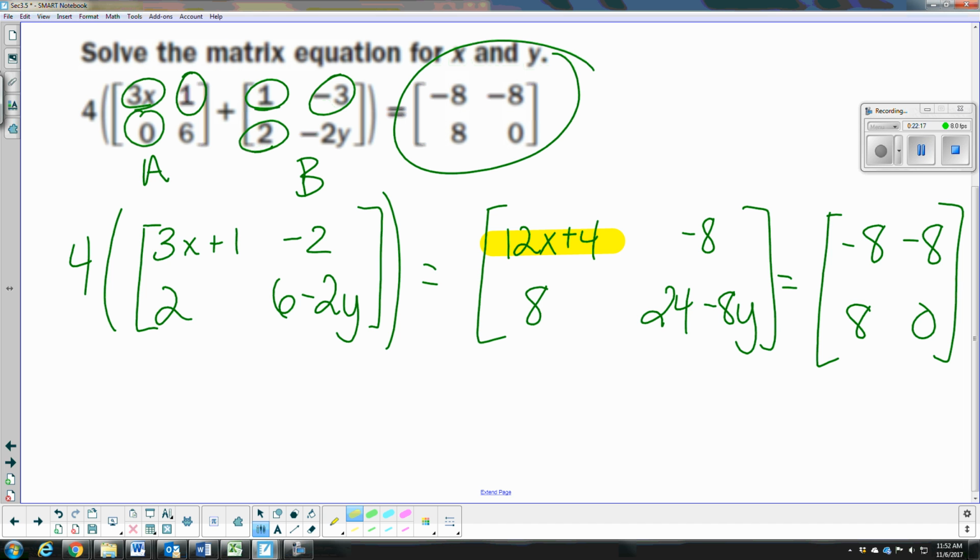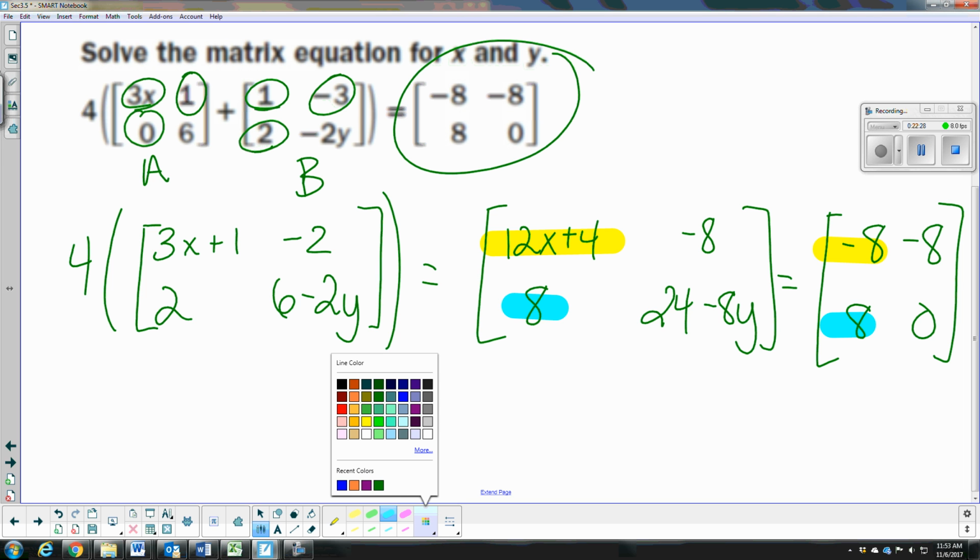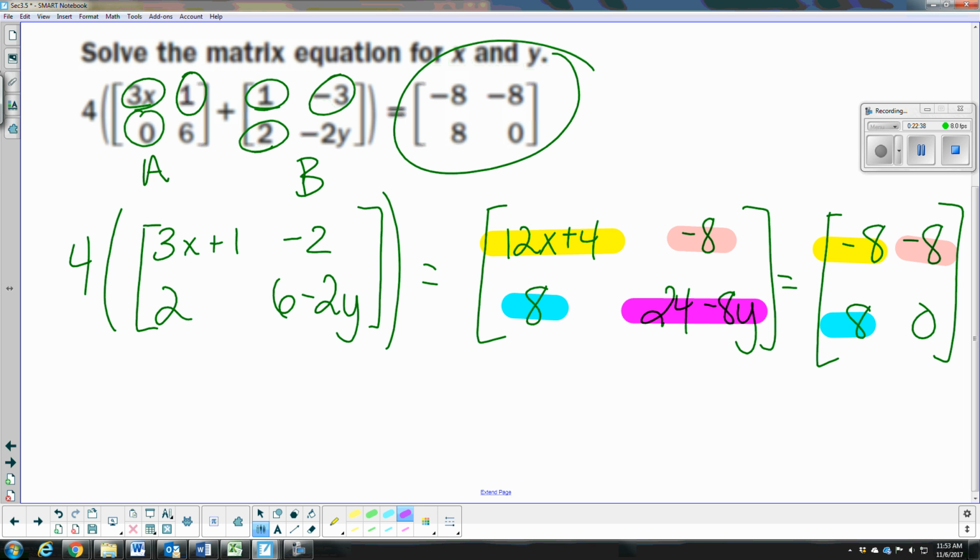So 12x plus 4 is equal to negative 8. 8 is equal to 8. Negative 8 is equal to negative 8. And 24 minus 8y is equal to 0.